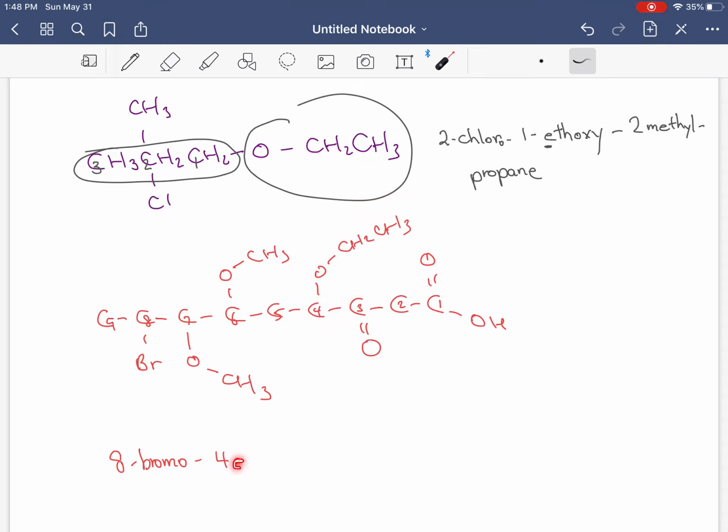So we call this an ethoxy. Number 3, I see, oh, hiding over there, is a keto. We took care of all the functional groups except for these 2. These are methoxy, and there's 2 of them.